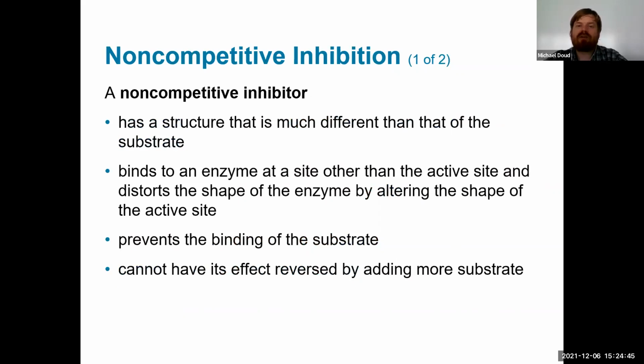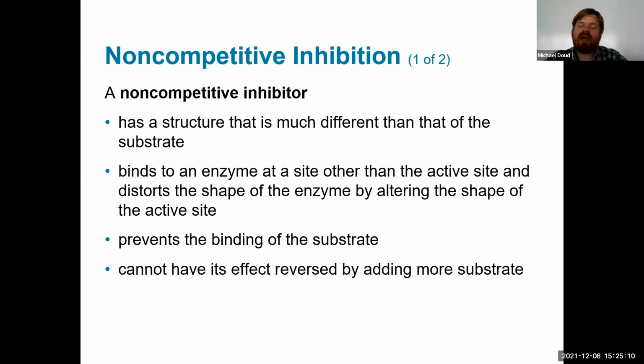Now, on the other hand, we also have non-competitive inhibitors. The structure of the non-competitive inhibitor is usually very different from that of the substrate. Basically, what happens is the non-competitive inhibitor will bind to the enzyme at a different site, away from the active site. And what that does is it distorts the shape of the enzyme and permanently shuts down the active site.